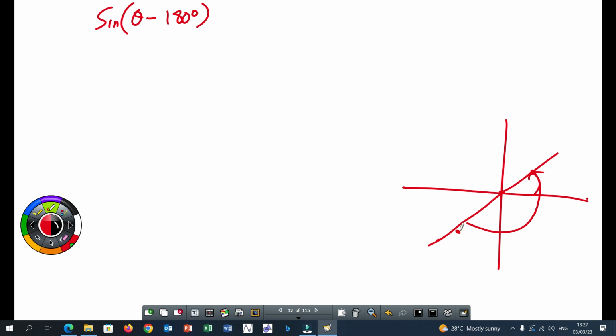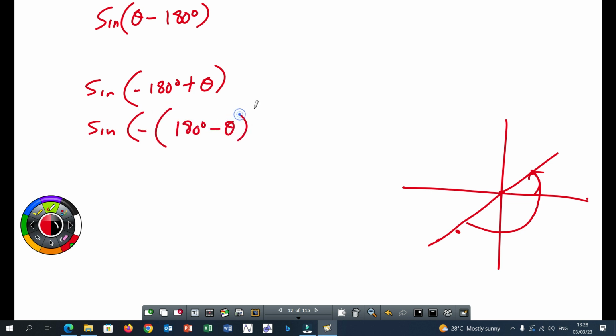So you can write the answer from here straight away to minus sine theta. Realize that. Can you pay attention?